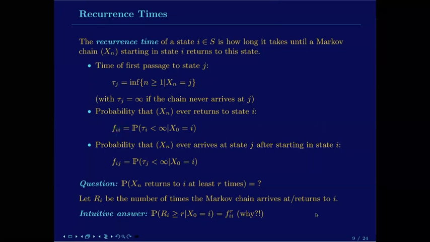Now, using the Markov property, once the Markov chain has returned, we restart it, and then again the Markov chain has to return to the state, and the probability for that is again f_ii, and we do that r times, so we get f_ii to the r.